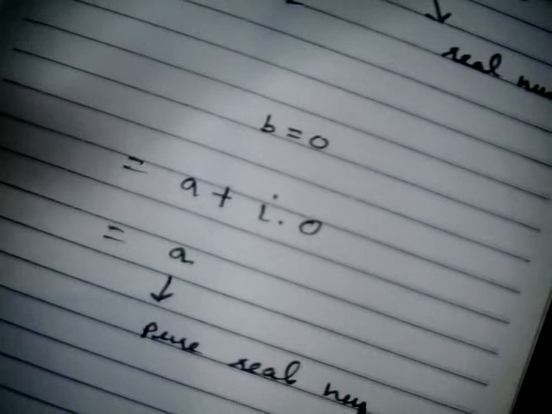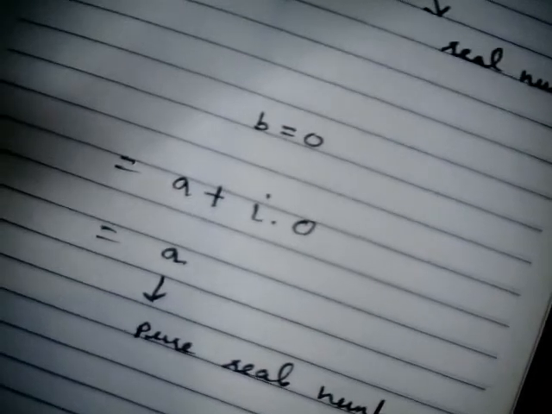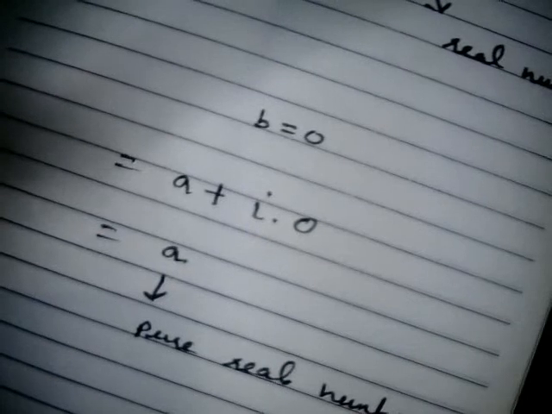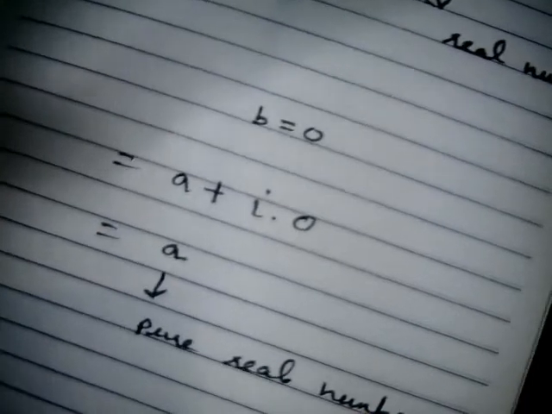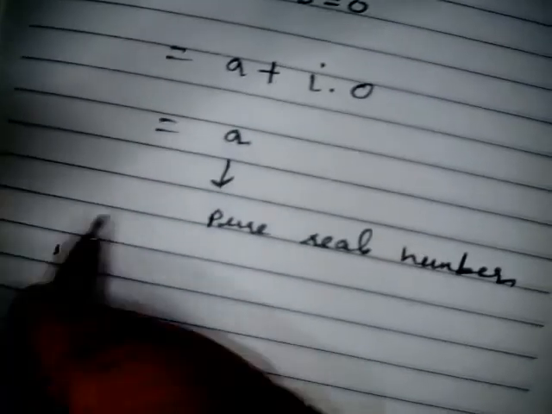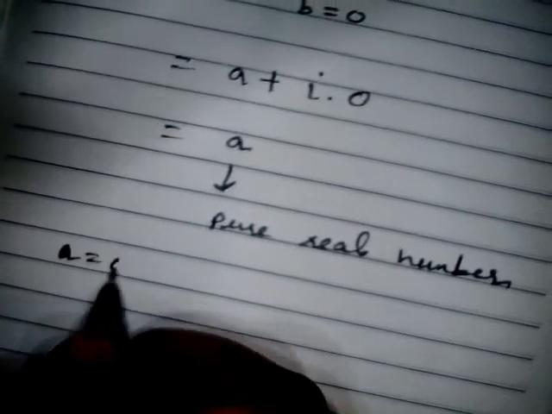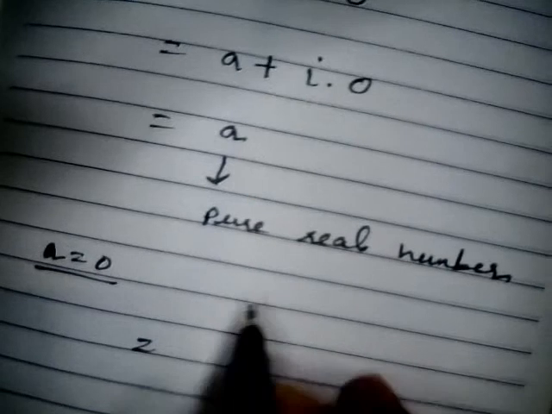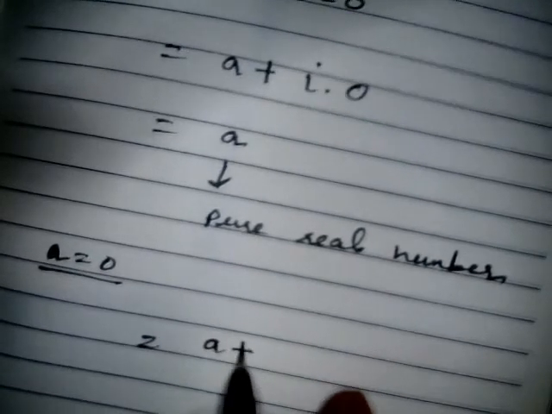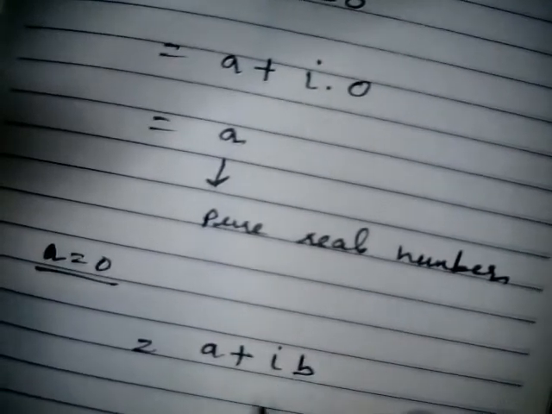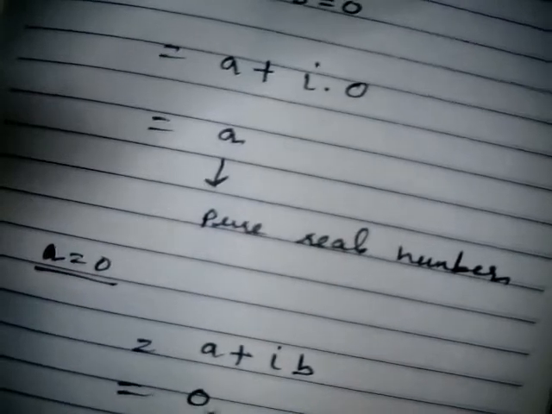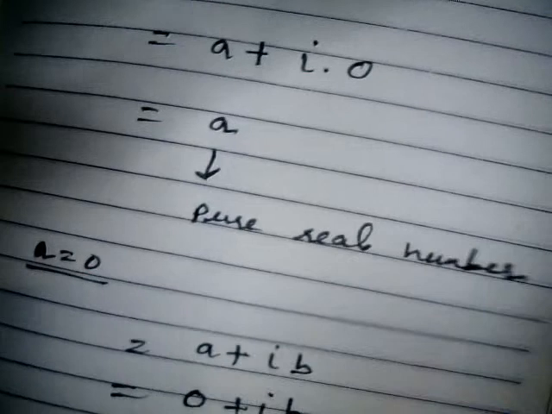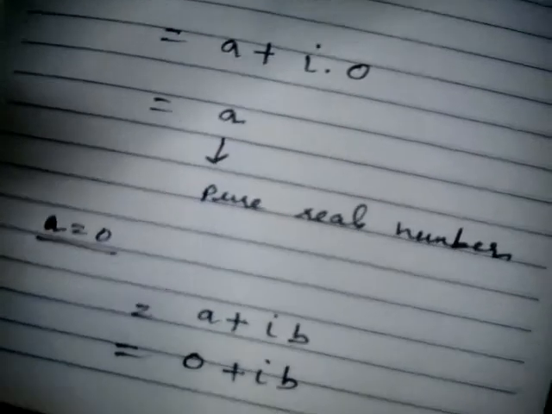Okay, if I make a equals to 0, then this is your complex number, and if I place at the place of a 0, it is going to be ib.